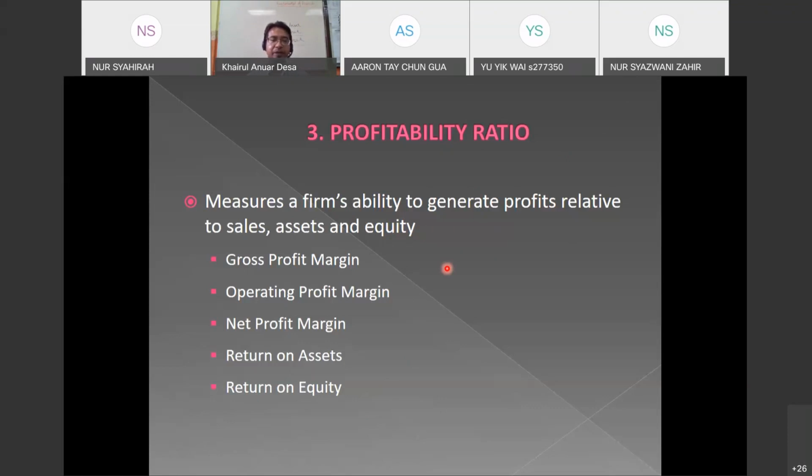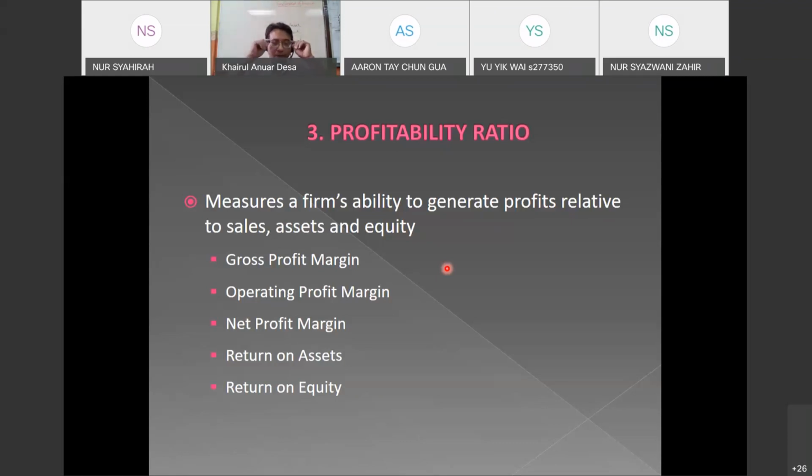Okay, dua yang awal tadi which is current ratio and then asset management ratio, we use the item or the data from the apa kita panggil balance sheets. Okay, now we use the data, the combination of balance sheet and income statement.